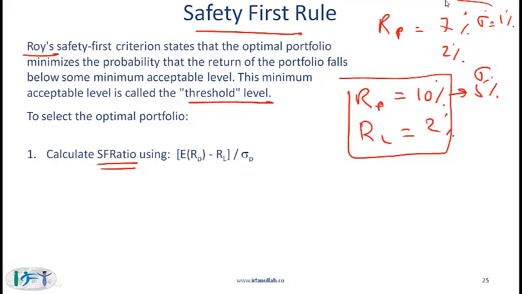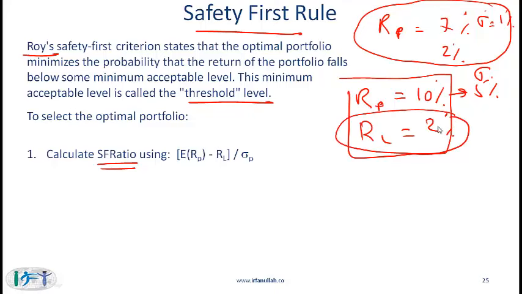So between these two portfolios, which one is safer? And that is what the safety first rule goes after. The safer portfolio is the one where the probability of falling below this threshold level is minimized. So to find that portfolio, we need to first come up with the safety first ratio.